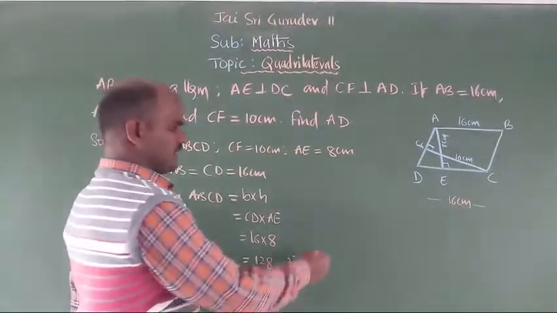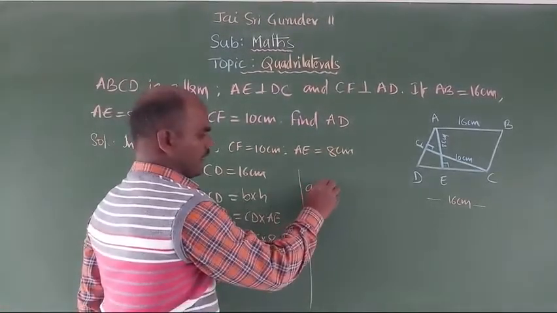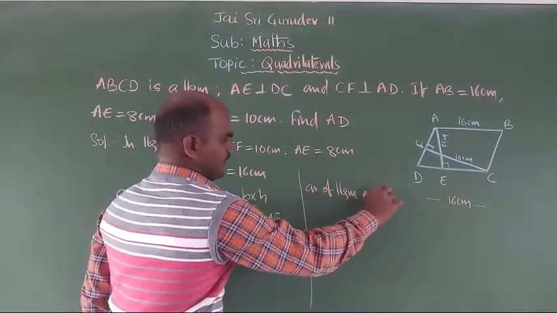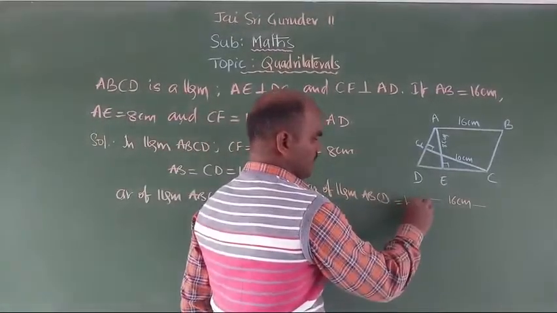Then the area of the parallelogram ABCD is again equal to base into height.